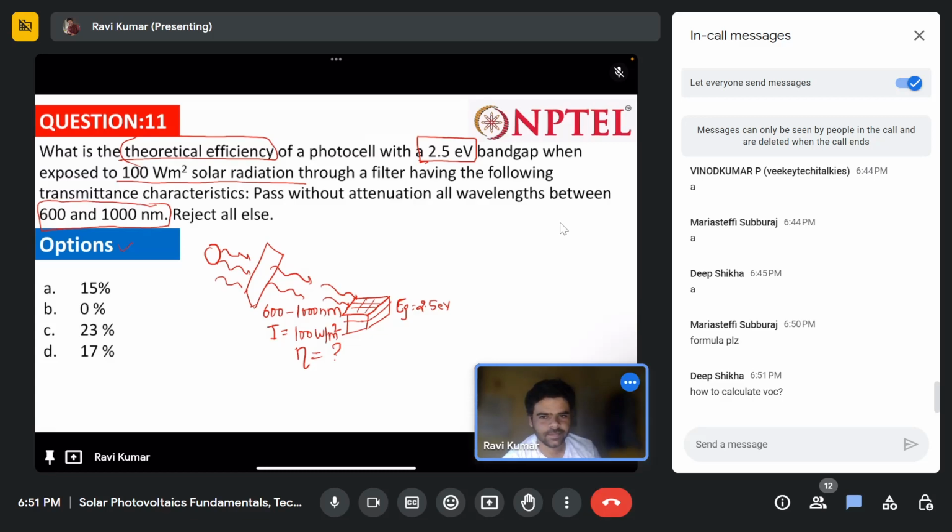Okay. Deepsika, we don't need to calculate VOC here, because if you are asking for VOC, then you will ask me the formula for the area of the photocell as well.